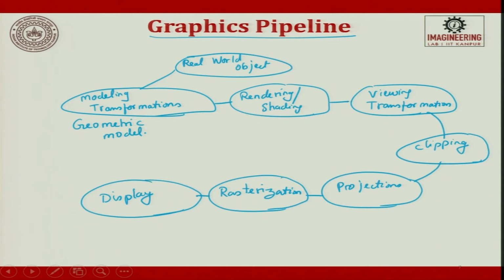See, when we try to draw a line, move a line, when we try to rotate an object, when we try to, I told you, crimping, or when we try to scale it up, when we try to mirror it. So, all these things come in geometric modeling, and here it is more towards visual realization.